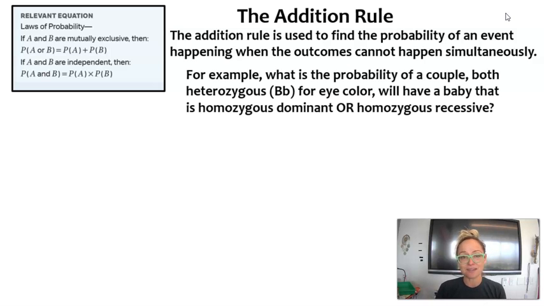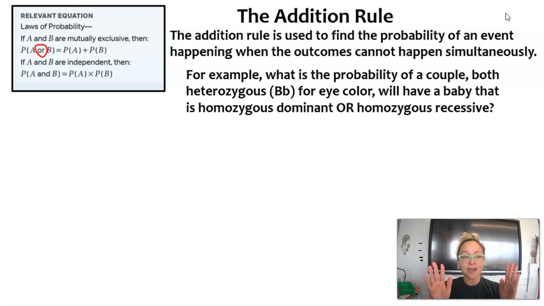So let's say we have a couple and they're both heterozygous for eye color. The question is, what is the probability that the baby will be homozygous dominant or homozygous recessive? These two events cannot happen simultaneously.